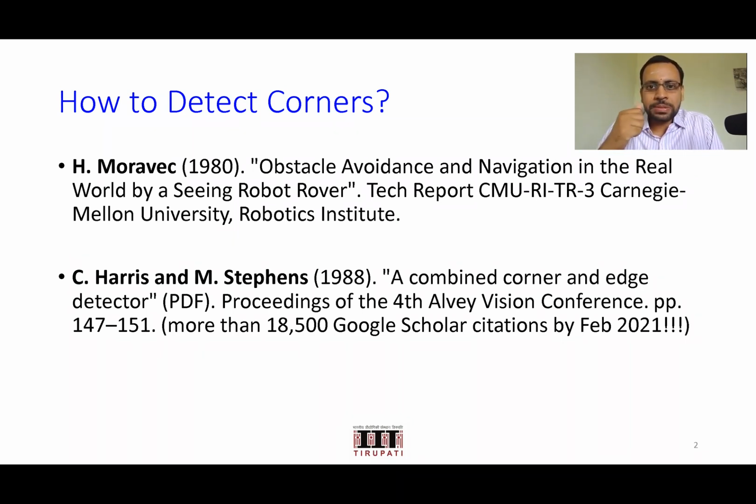In the previous class, we started looking into the desirable properties for key points or feature points, or you call them corner points, whatever you call them. These are the names that we use interchangeably. The first important property that we have seen is repeatability.